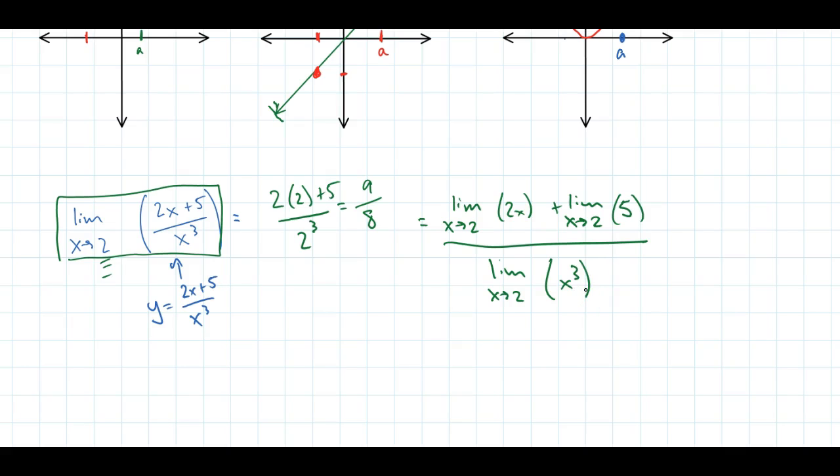If I use those properties that I just had written above, sure enough, I end up with the same thing: 2 times 2. The limit of a constant is just a constant, and I can do my substitution there, 2 to the third power. It almost is like that limit is distributing in, but I'm not going to call it a distribution, but it does go into every piece in there. It's kind of a sneaky little thing.